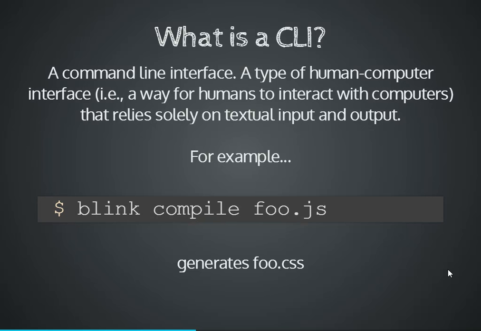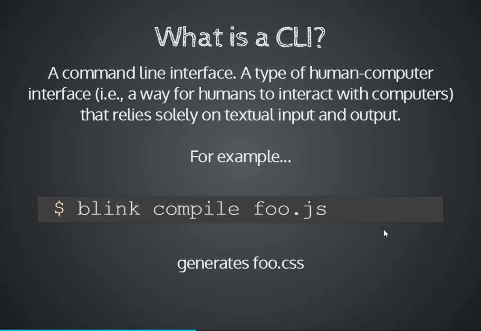So today I'm going to show you guys how to build a CLI. In case you didn't know, what is a CLI? It's a command line interface, a type of human-computer interface, a way for humans to interact with computers that relies solely on textual input and output.